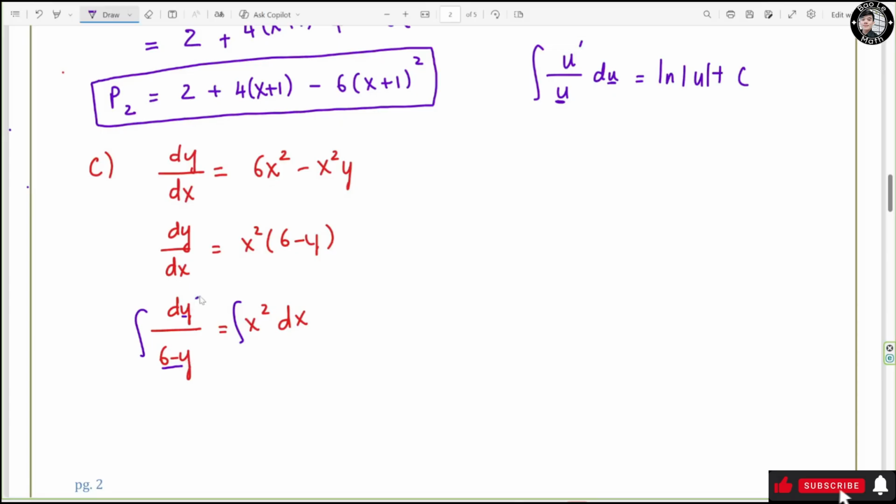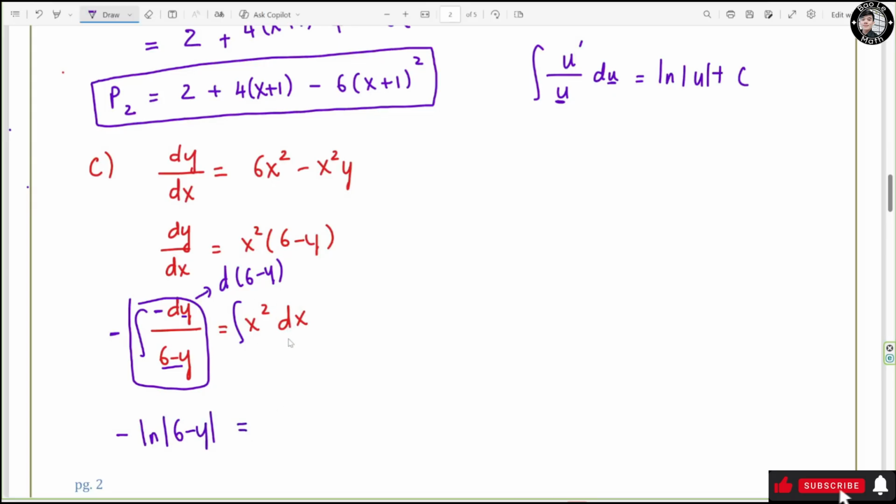So dy right here can be written as d of 6 minus y, right? If you check the derivative of this one, it's actually negative dy, right? So I put a negative sign right here and I put a negative sign in the front, right? So nothing changes, right? So right here, I just apply the formula, right? So this guy becomes negative natural log of absolute value of 6 minus y equals.